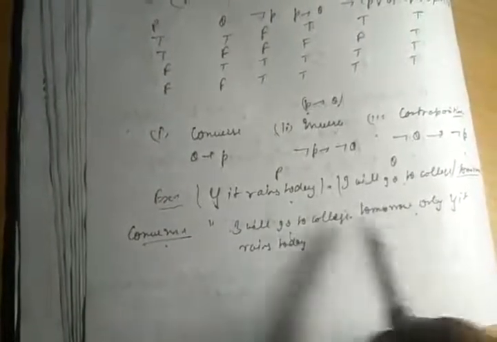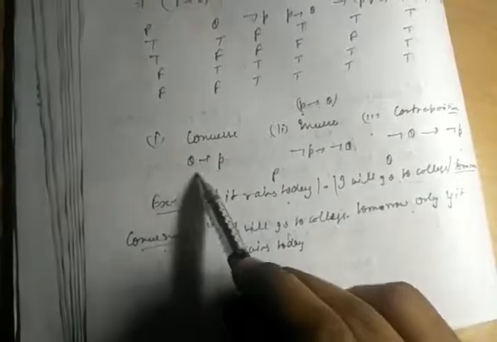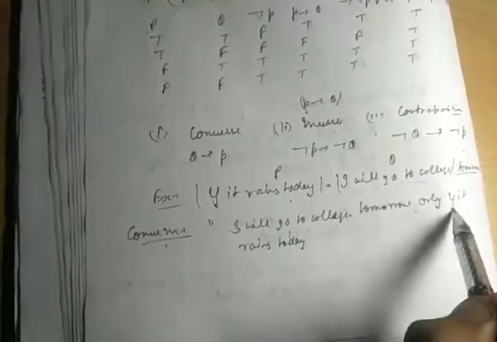Now this is statement P, if it rains today, and Q is I will go to college tomorrow. So you write the converse by putting the Q statement before the P statement: I will go to college tomorrow only if it rains today.